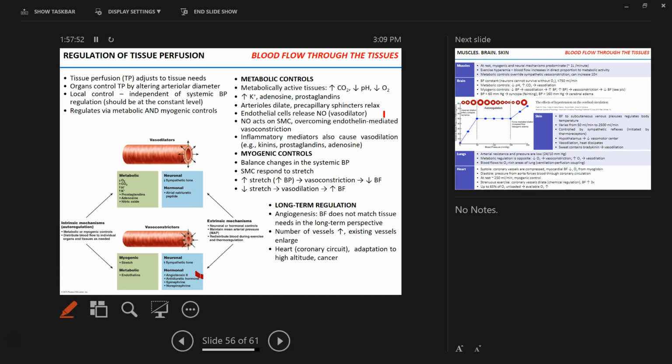Does that make sense? So you have to understand that local controls may not go hand in hand with the systemic controls, and local changes may not really affect systemic picture. Do you understand what I'm saying?